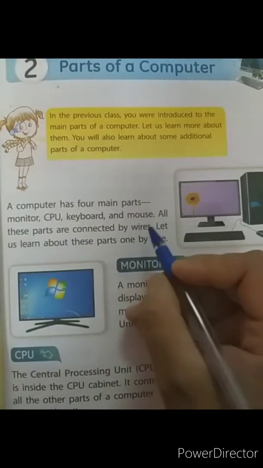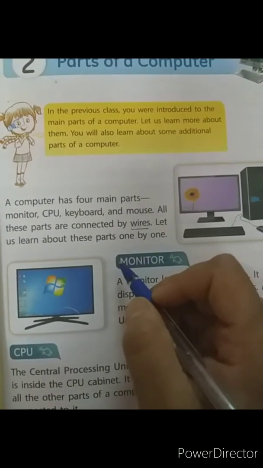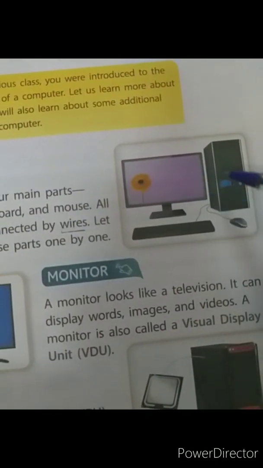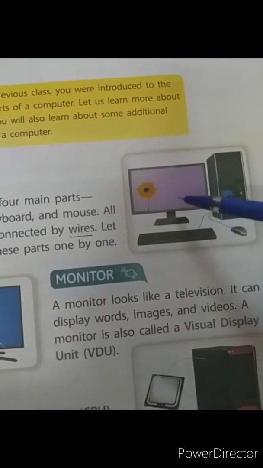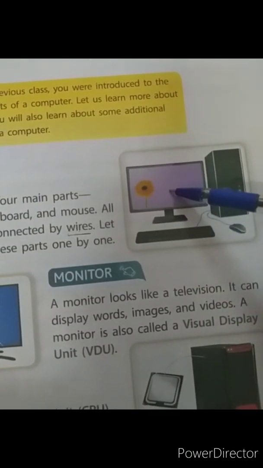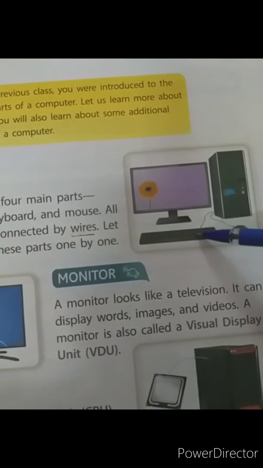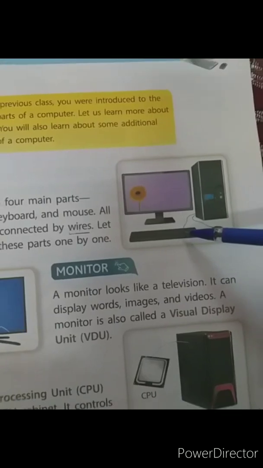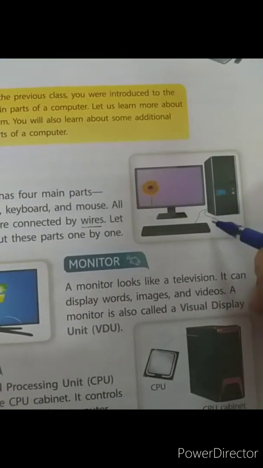I hope you all know the meaning of wire. See, in this picture you have seen 4 main parts of a computer: monitor, CPU, mouse and this is keyboard. All these are connected with a wire.